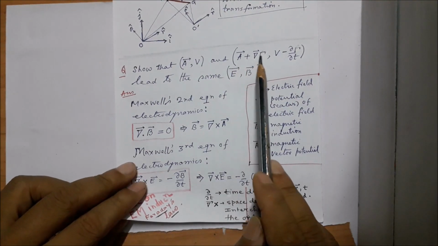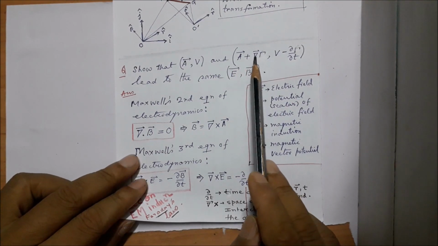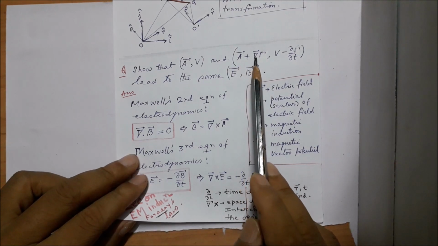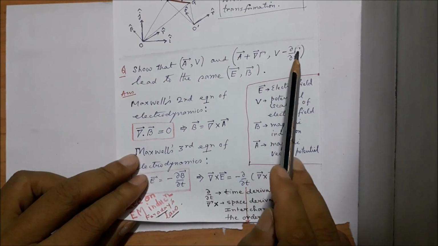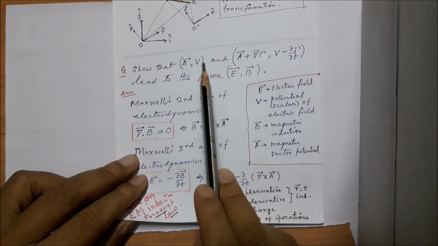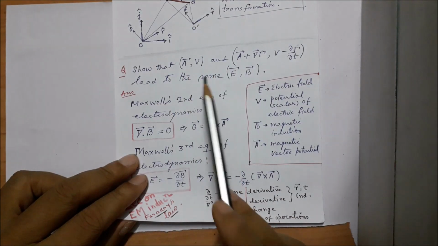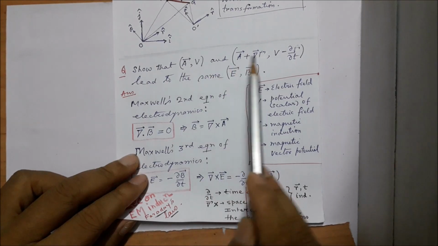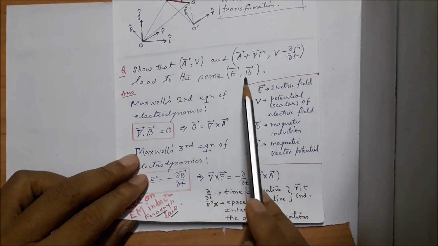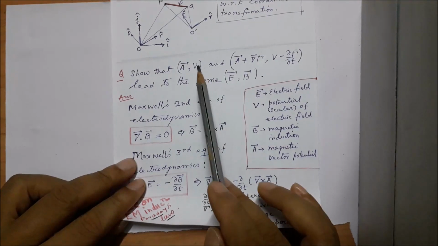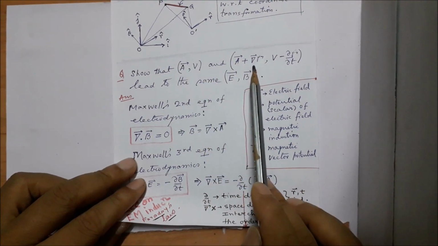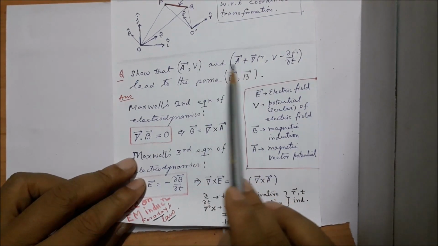A plus grad of gamma is the new magnetic vector potential, and V minus del gamma by del t is the new scalar potential. We have to verify whether these two sets of potentials give the same fields. Moving from one set of potentials to the other is called gauge transformation.